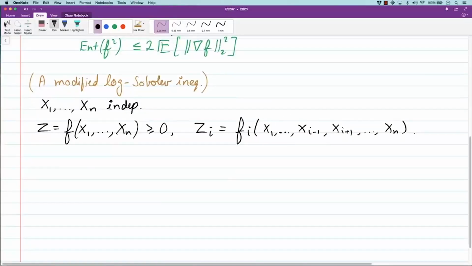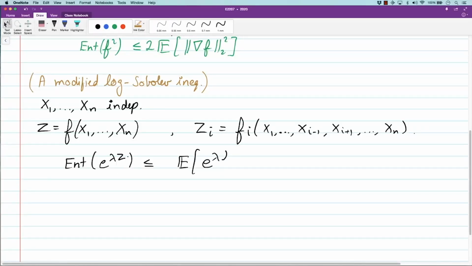The modified log-Sobolev inequality that we are after says that the entropy of e to the power lambda f (since e to the power lambda f is there, we don't really need f to be non-negative) is less than or equal to the sum, i equal to 1 to n, of the expected value of e to the power lambda Z times phi of minus lambda times (Z minus Zi).